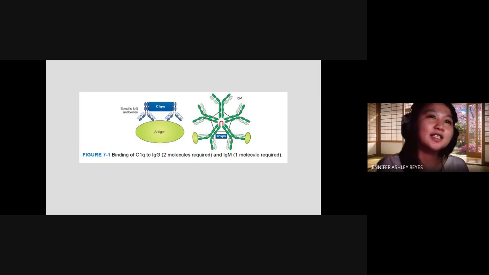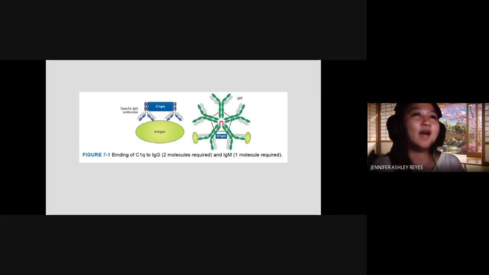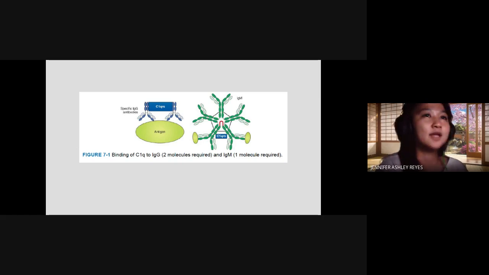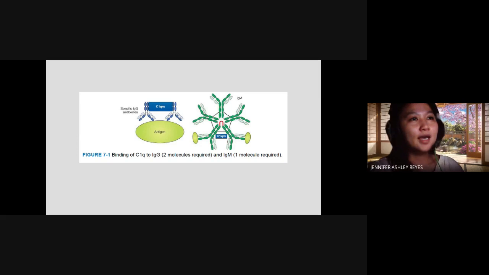Pero si IgG kasi maliit lang siya, minsan kailangan niya pa ng dalawang IgG molecule binding to a single antigen or antigenic structure so that it can trigger the activation of the complement pathway. And hindi rin lahat ng IgG capable of activating yung ating classical pathway.